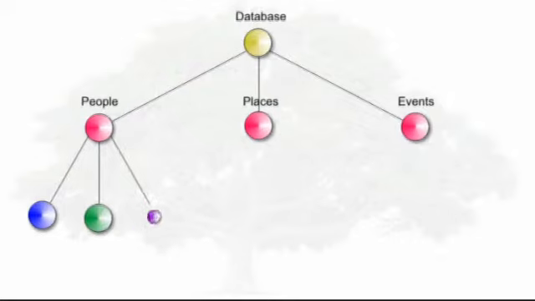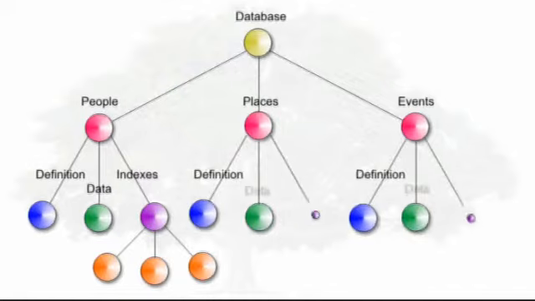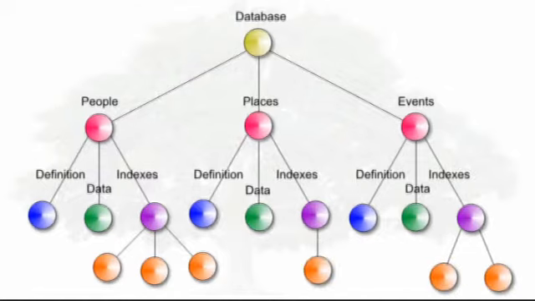Under each table, you may have a branch for your table definition, a branch for the data records in the table, and a branch for the various indexes in your table. Under the index branch, you might maintain multiple branches for each index path in your database. Each table would maintain a similar structure: definition, data, and indexes.